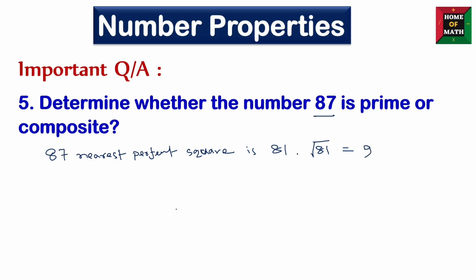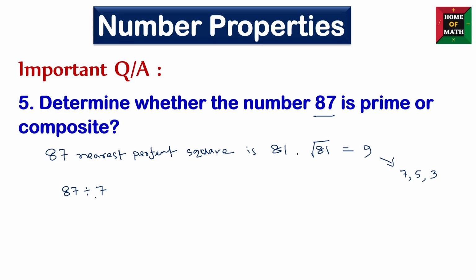Now if we divide 87 by 7, why 7? Because the prime numbers less than 9 are 7, then 5, then 3.